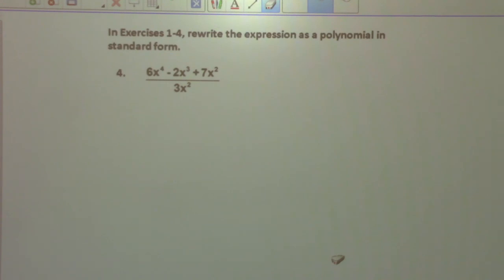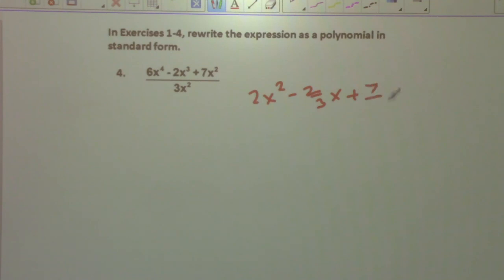Elizabeth on the hot seat, at the very end of class. So that's tested her perseverance. 2x squared minus 2/3 x plus 2 and 1/3.